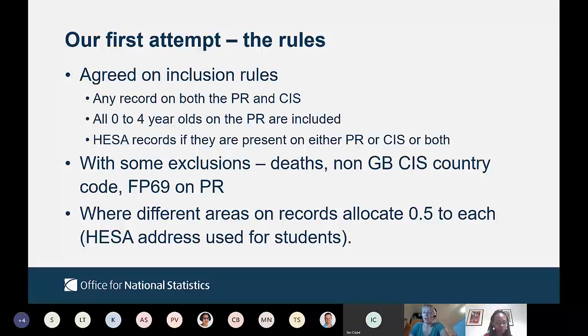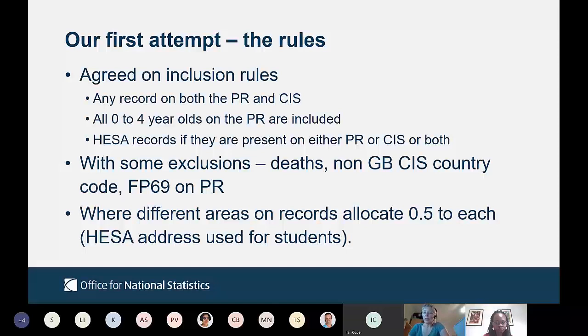And our higher education records were included if they were also present on either our patient register or our tax and benefits data. There were some exclusions where we were able to identify that people had died, where we were able to identify that somebody had an out of Great Britain or UK country code, or somebody had been marked on our patient register for removal. That's known as an FP69.